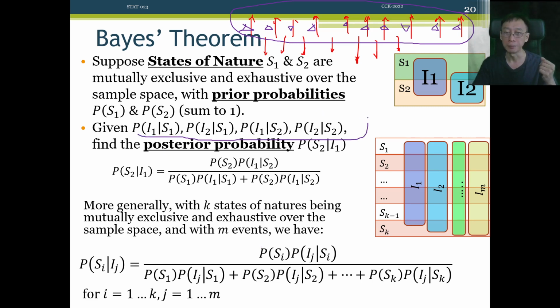These four numbers here. So if you recall, your conditional probability says, given that S1 has happened, what is the probability that the consultant says S1 will happen? Because remember, I1 is the event that the trader utters the words S1 will happen.